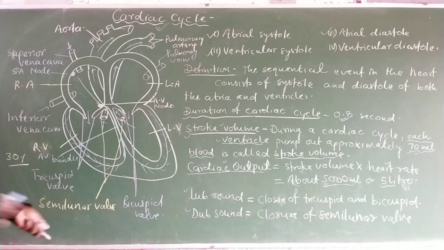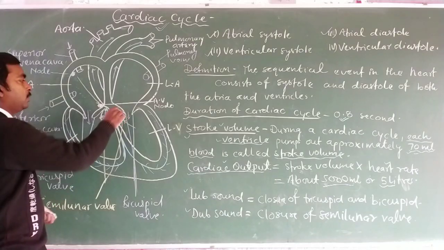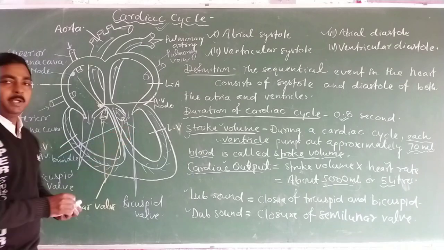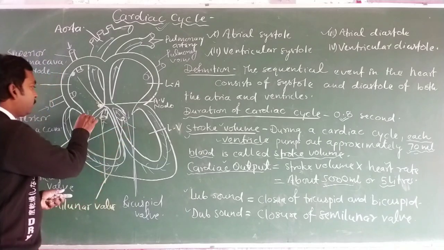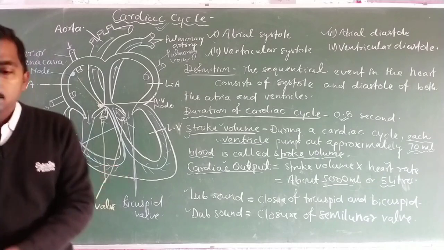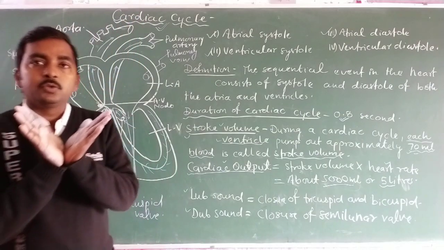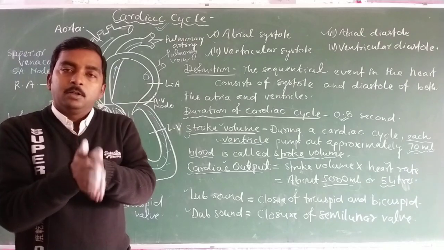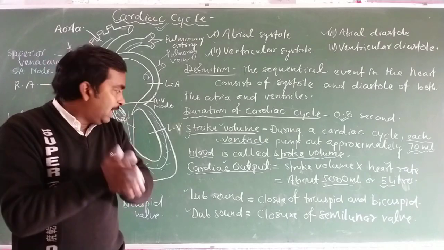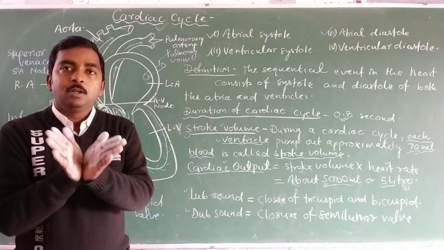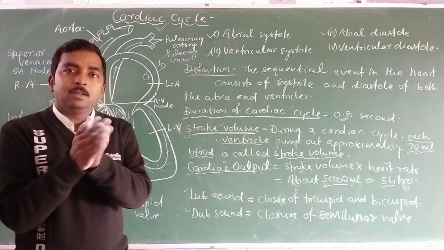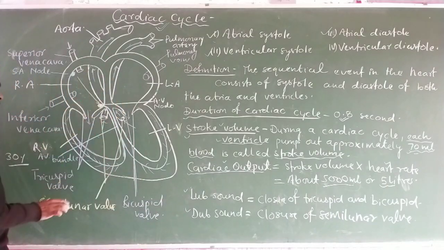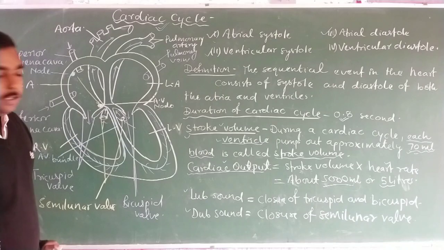When the bicuspid and tricuspid valves become closed during ventricular contraction, when the ventricles contract, the sound created due to the closing of these valves is known as the lub sound.